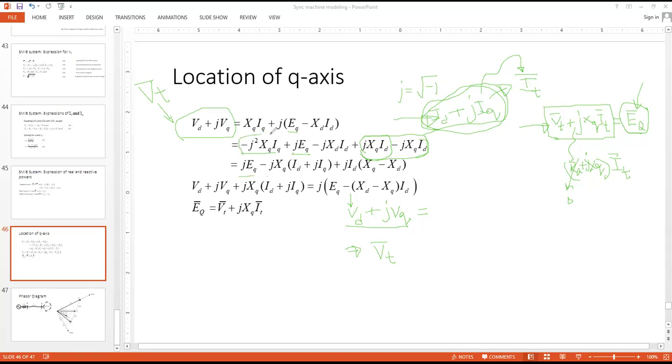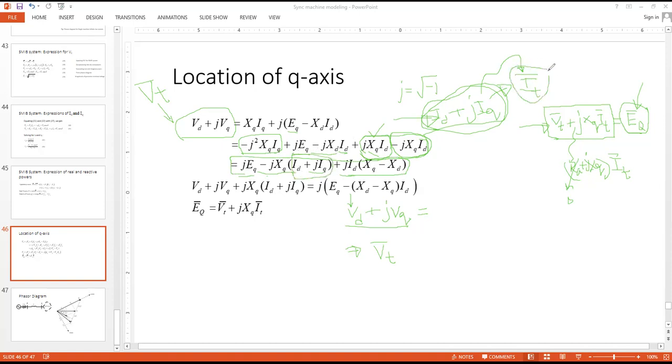So one term is this, and the first term is actually JXQ ID minus JXQ ID. So what is left? This is left. We simply write JID, and then you see it is XQ minus XD. So all terms are taken care of. So we reach here, and we see we have ID plus JIQ, and our target is achieved.